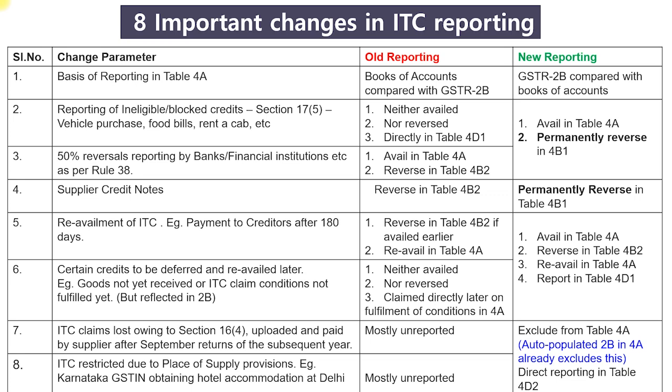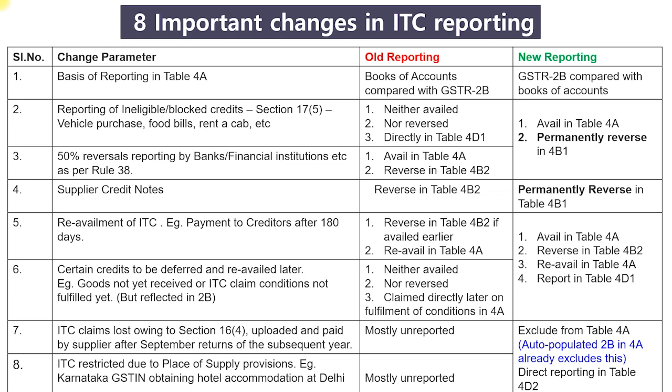This was the past practice. But now, based on 2B, if it is reflecting, they have to temporarily reverse in 4B2, and once they fulfill the conditions, like the goods have now been received, then they will reavail in 4A and report in 4D1.